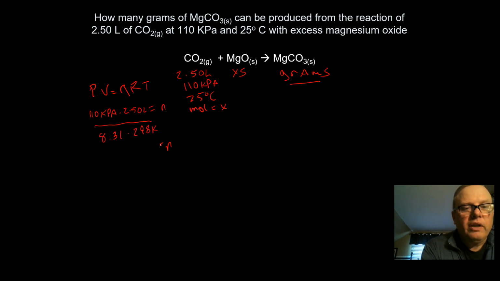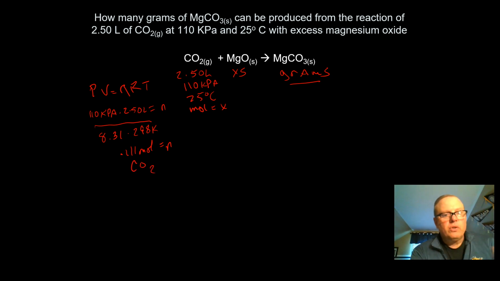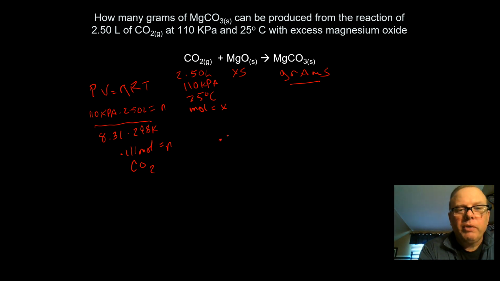And then I'll get this n value for how much I will need, and it's going to be 0.111 moles of CO2. So using that to start with, I've now got my moles of CO2.